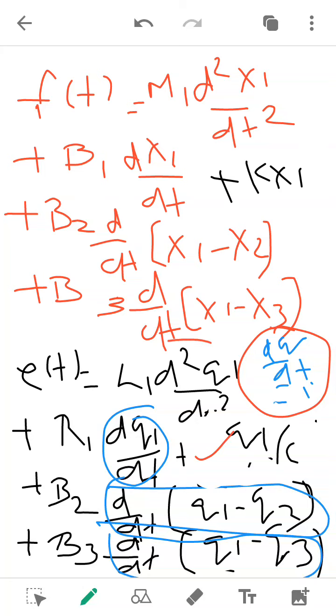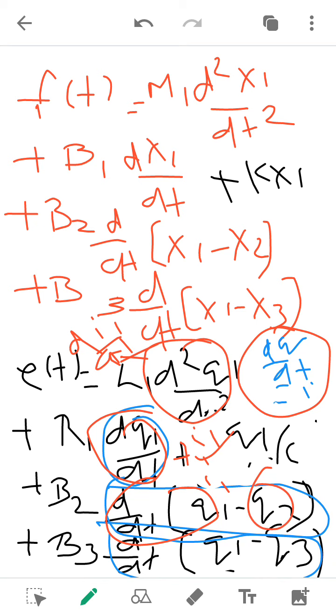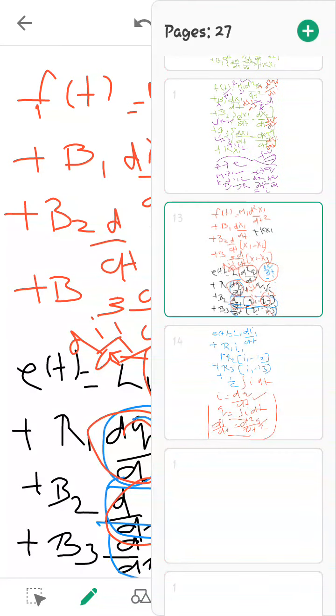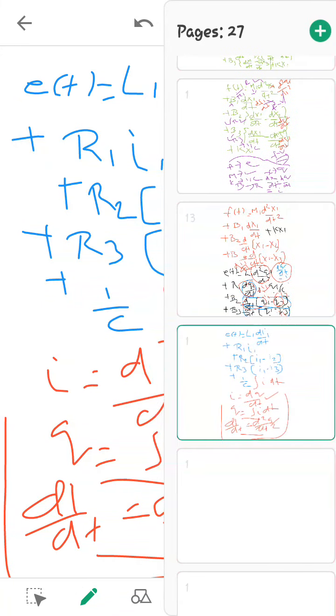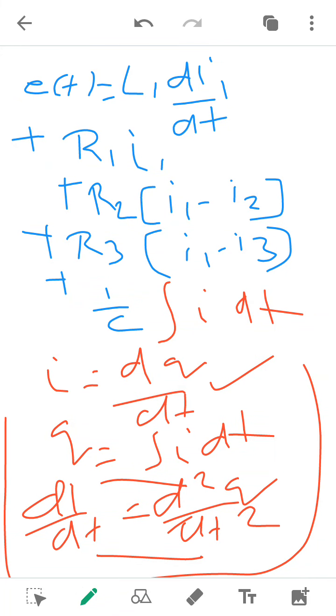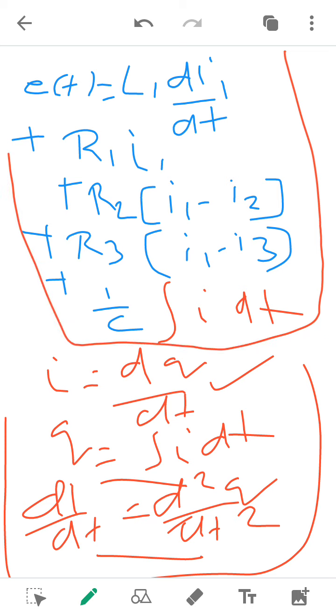In place of d squared q by dt squared, we write di1 by dt. dq by dt will be written as I1, this will be I2, I3, and so on. Doing this, we have got this equation, with the help of which we are to draw a circuit, that is a mesh.